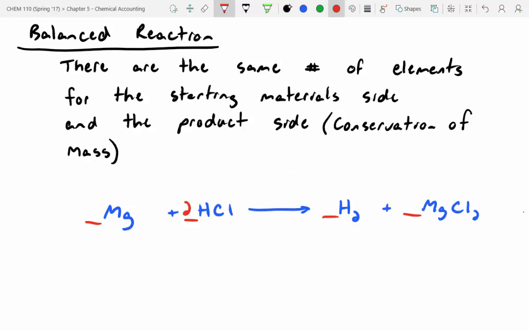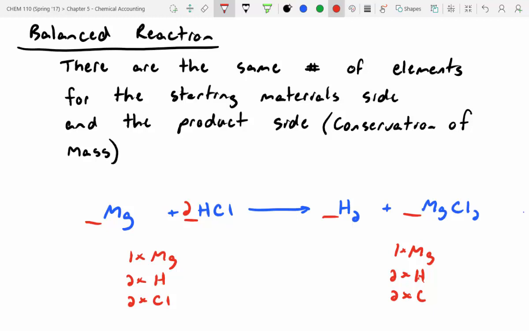Okay, so now if we go through and we check, I've got 1 magnesium here, I've got 1 magnesium here, I've got 2 hydrogens, that's good, and over here I've got 2 hydrogens, and over here I've got 2 chlorines, and over here I've got 2 chlorines. It looks like everything's checking out.